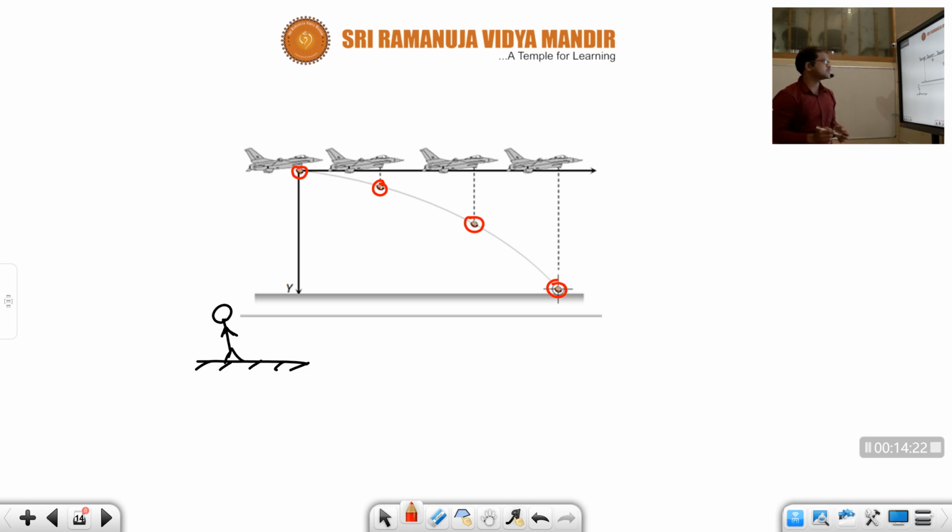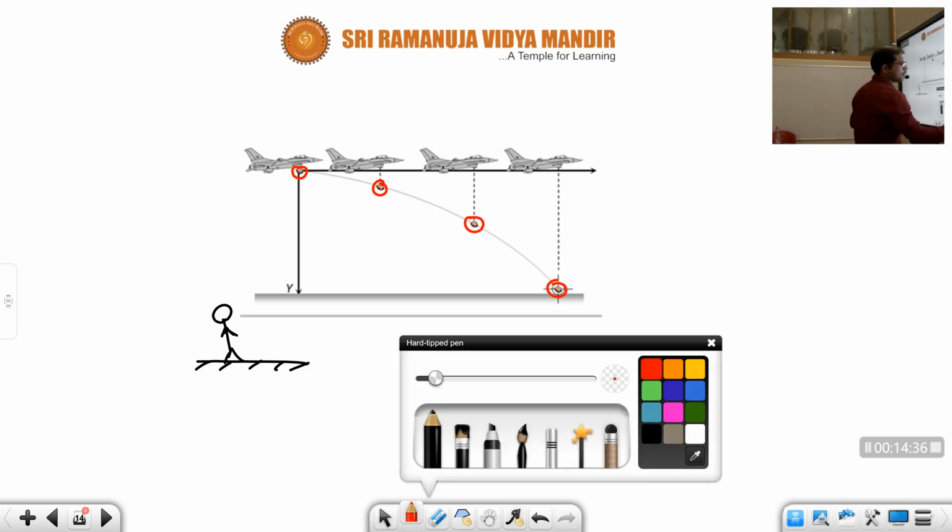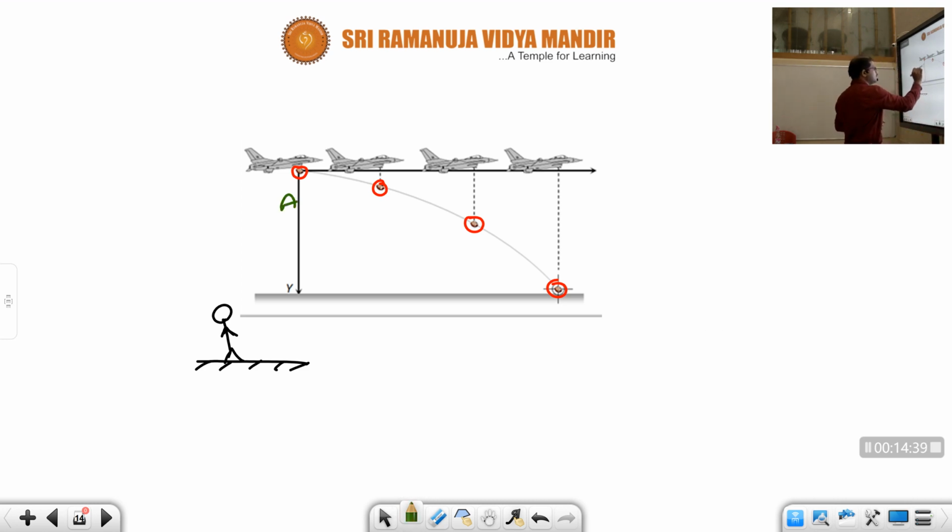Once observe, children: the plane is moving in the horizontal direction, and the bomb is left. Let us consider the points A, B, C, and D. This path will be in which shape, children?